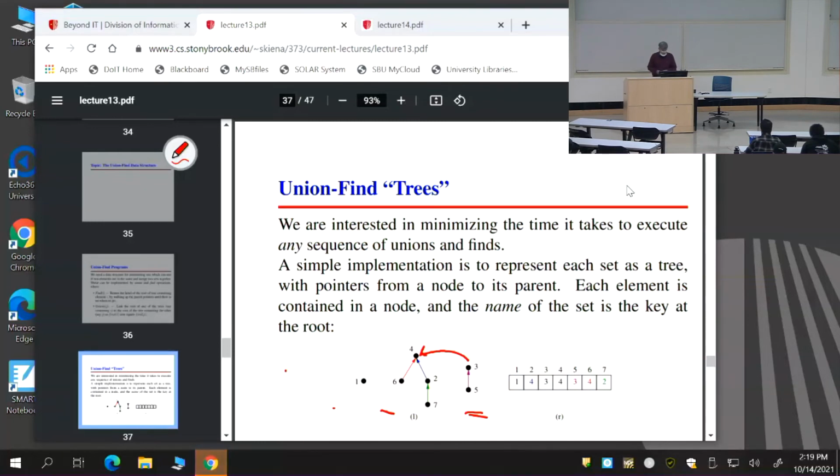Now they are all in the same component, and only one pointer had to change. So the great thing is that once I have the roots, once I've done a find, the merger of these things can take constant time.